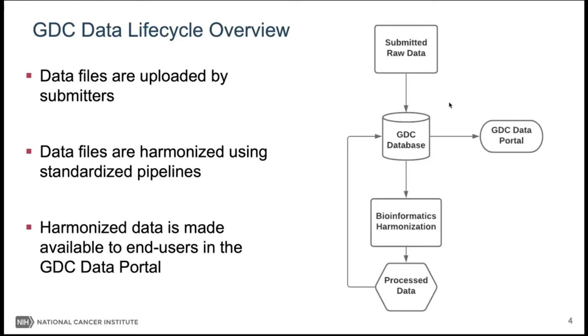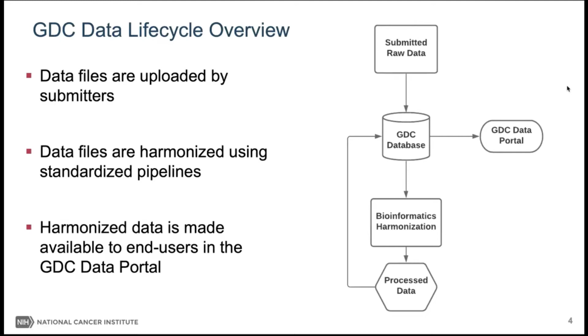This is one of the main functions of the GDC, to process data depending on the data type through a series of standardized pipelines. And these are the bioinformatic pipelines that are referenced here. If you want more information on those pipelines, we have lots of documentation and a few other webinars that detail them in a lot of detail.